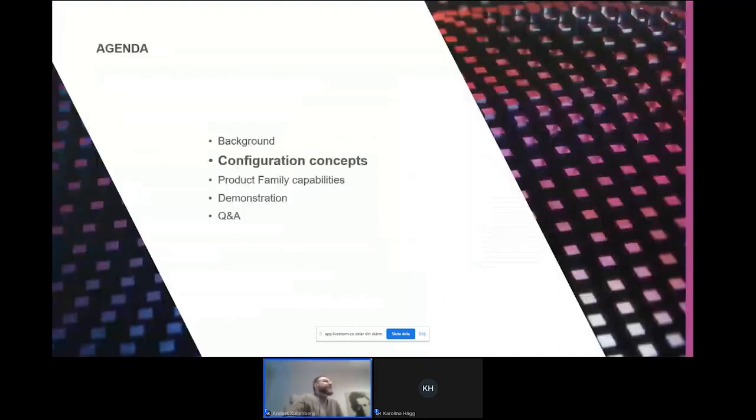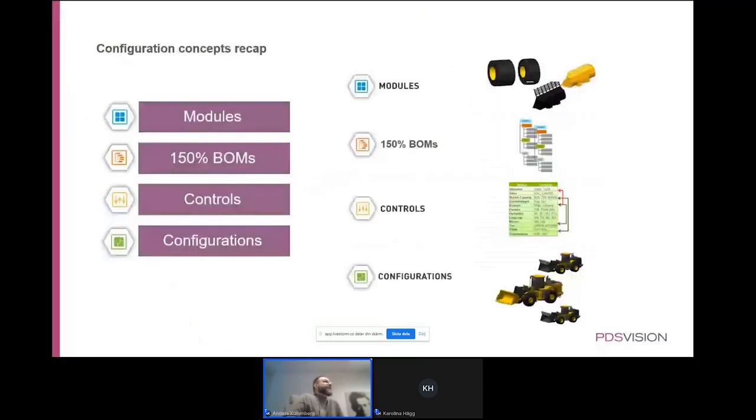So quickly into a quick recap about option and variance then, and the different concepts we have. So we have something we refer to as modules, and these are the building blocks I mentioned before. So it's a collection of components that you put together. That is a variance table collection, we usually call it.